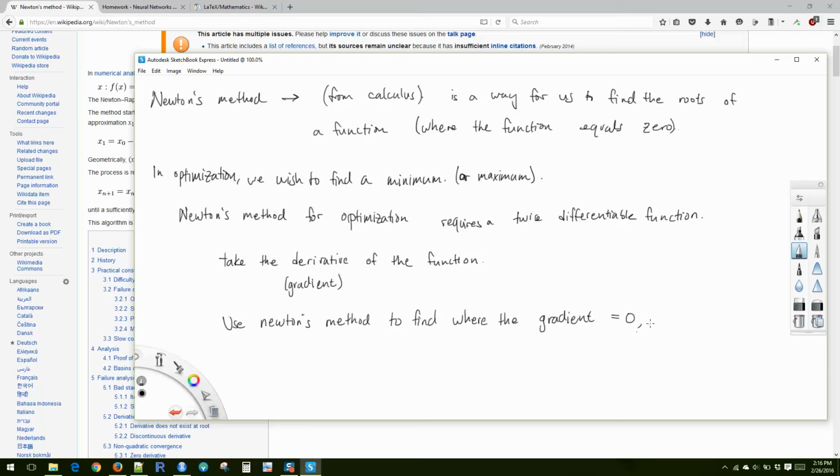Those will be at least either local minima, maxima, or saddle points, right?